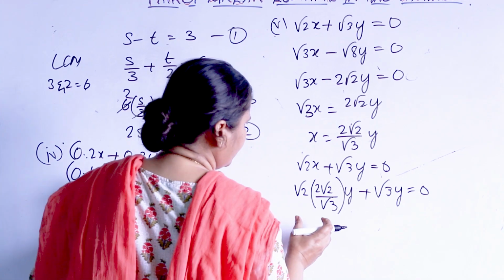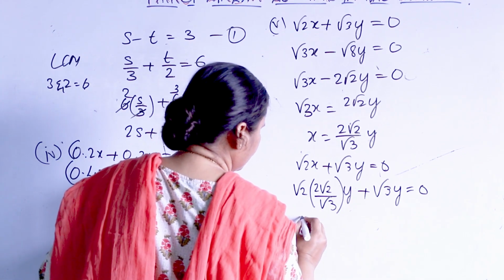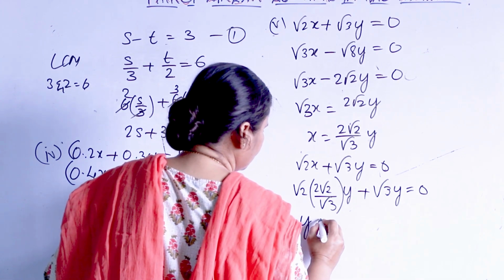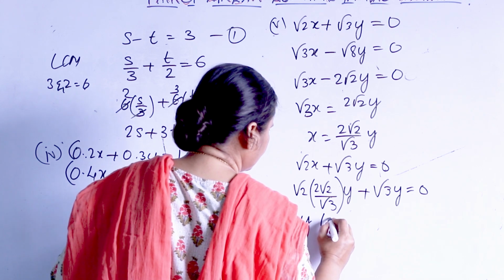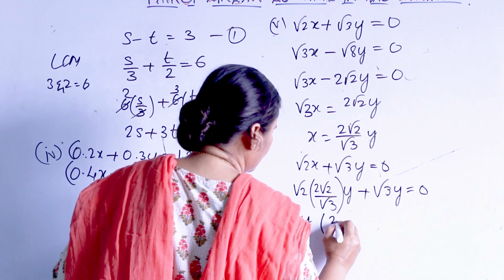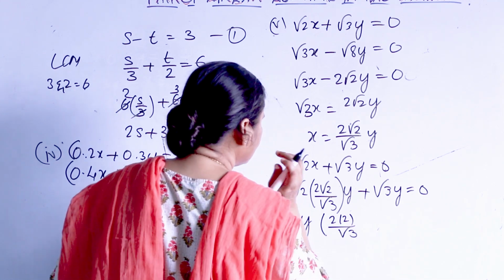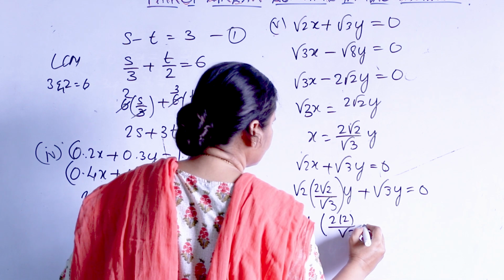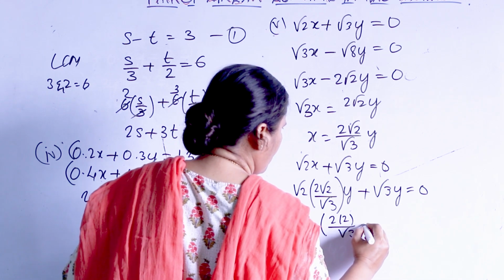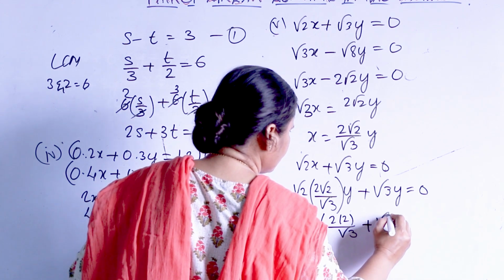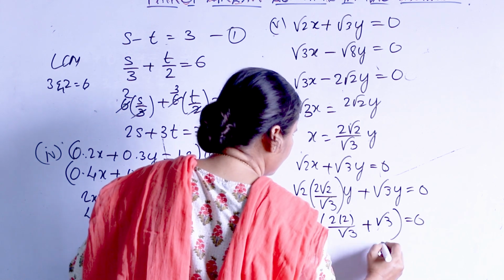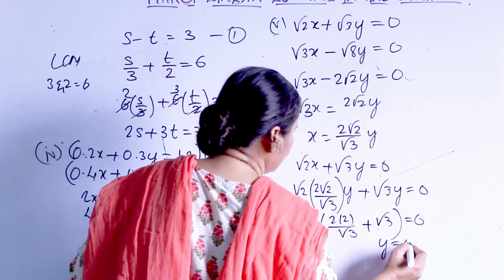So what happens here? Take y as common. You get y times 2 times 2 by root 3 plus 3 equals 0. Y is equal to 0.